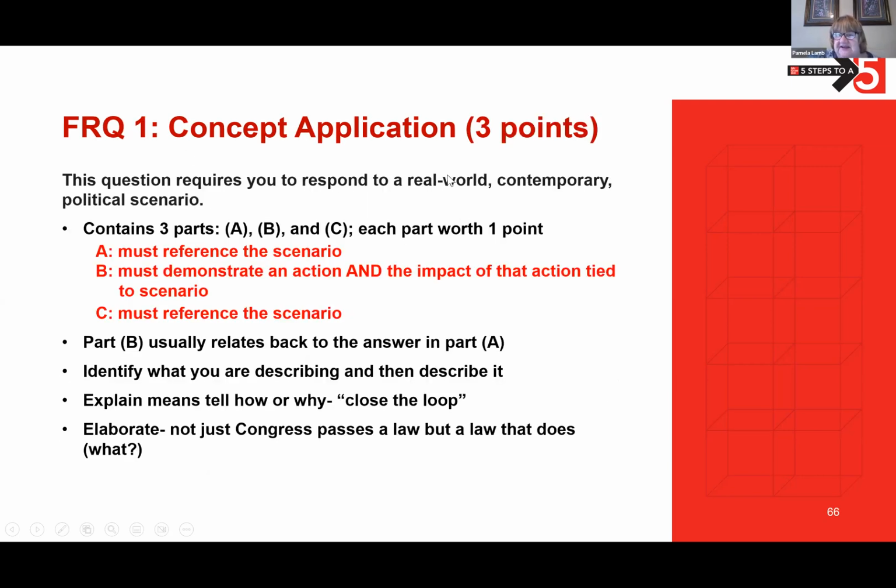So what is that concept application? Well, you will be given a political scenario, and it is a real world scenario. It's not a hypothetical. It's not made up. It's something that has actually happened or is happening in the real world. And so there is an A part, a B part, and a C part. Now, what I've done is I've tried to put in red my hints of what I know as a reader. I have read the concept application question a few years ago, and as a reader, this is what we were looking for.